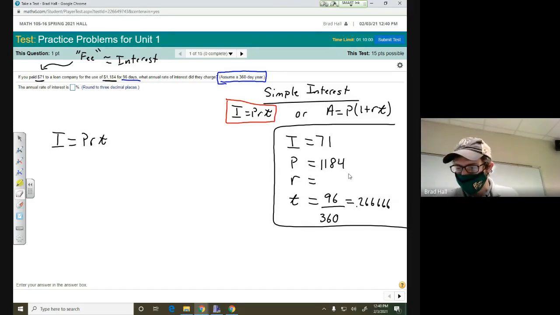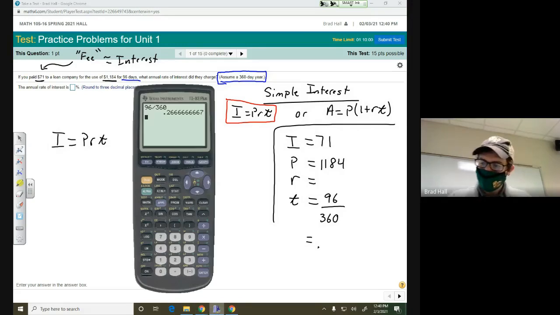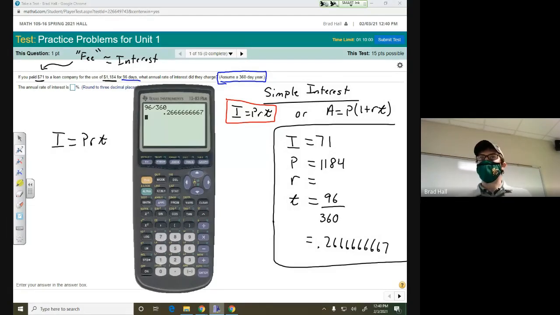Again, that was roughly, in fact, I'll just make a little bit more space down here and go from there. That was 0.2666667 or something like that. Again, the more decimal places you use, the more accurate your final answer will be.